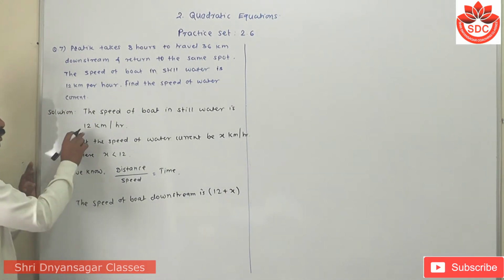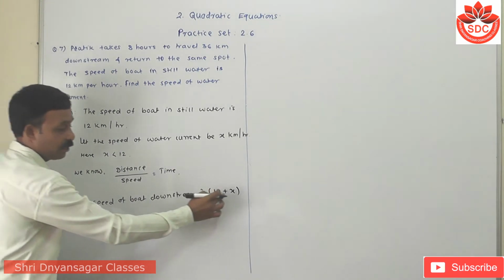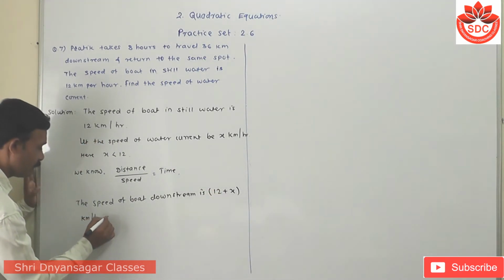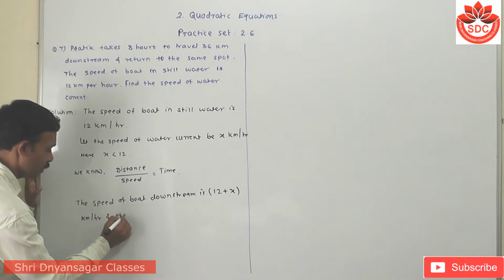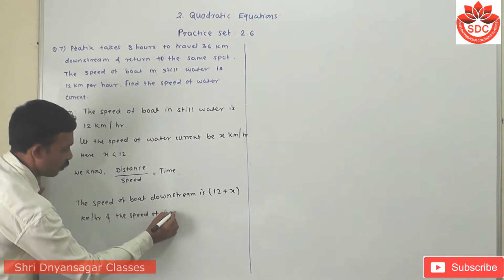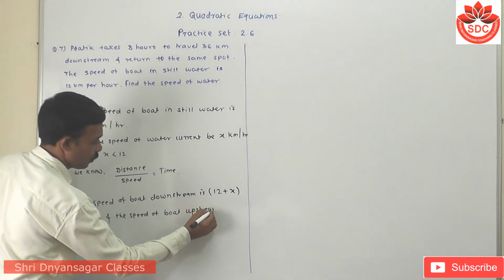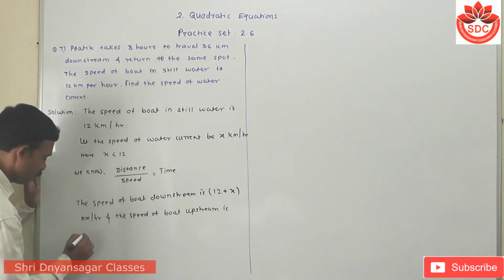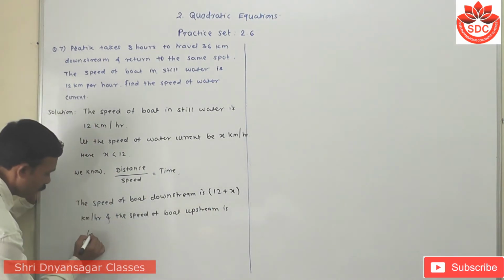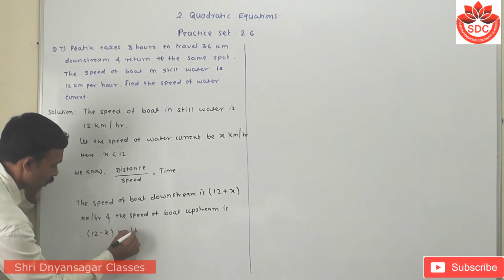This is the speed of the boat plus the current flow, that is 12 plus x kilometer per hour. And the speed of the boat upstream is 12 minus x kilometer per hour.